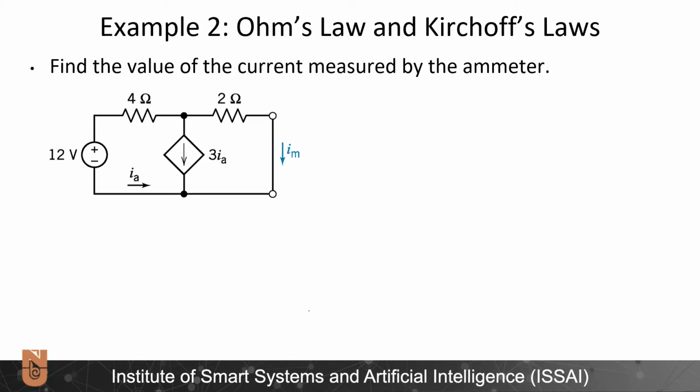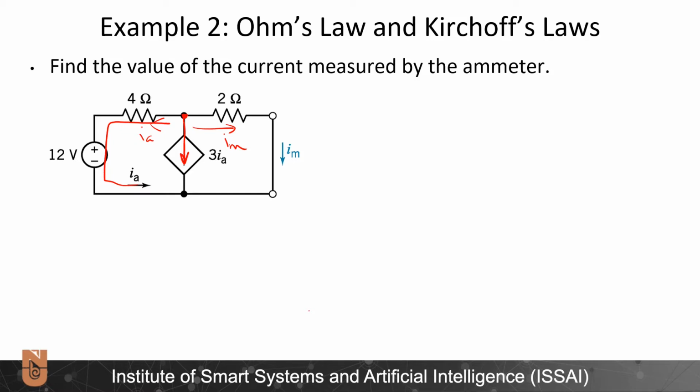I can do this by writing Kirchhoff's current law for this node. Apparently, 3IA is flowing downward, IM is flowing this way, and if I extend this, IA is also flowing outward.